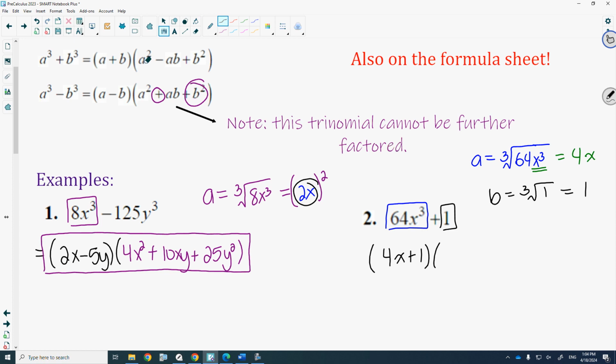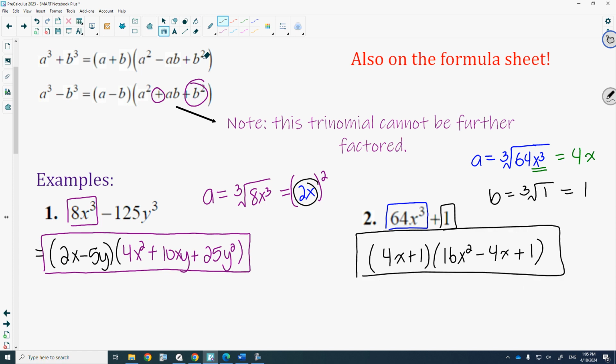And then my second factor is A squared. If I square 4x, this 2 will go on the x and on the 4, so that would be 16x squared. Minus AB, 4x times 1 will give me minus 4x. And then we do plus B squared. So plus 1 squared is 1. And that would be your sum of cubes factored.